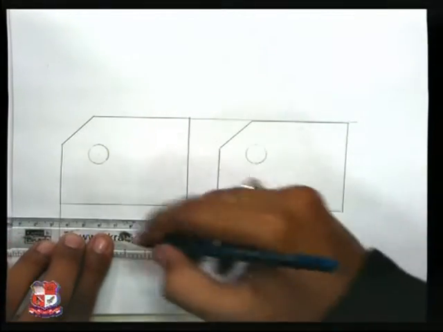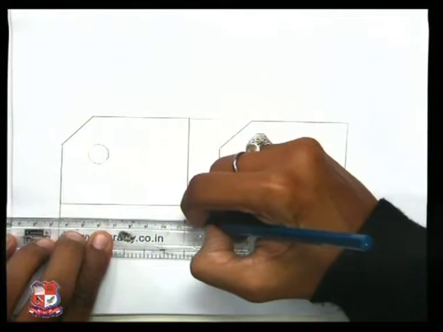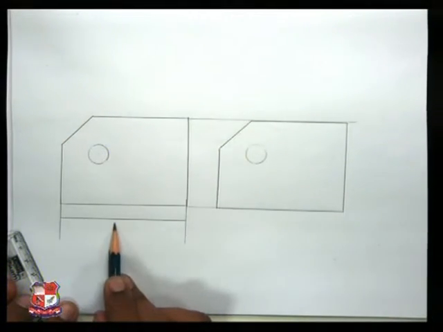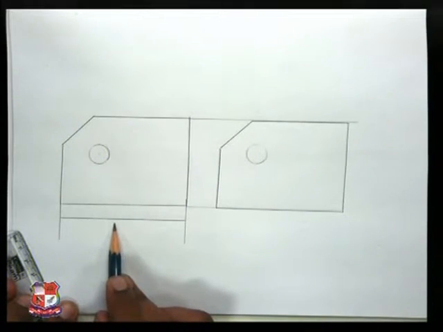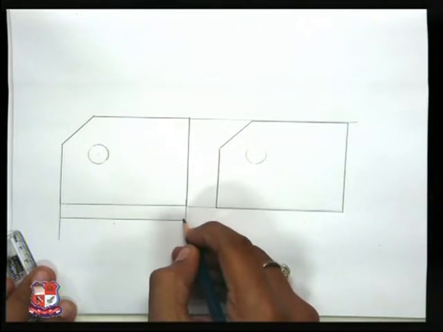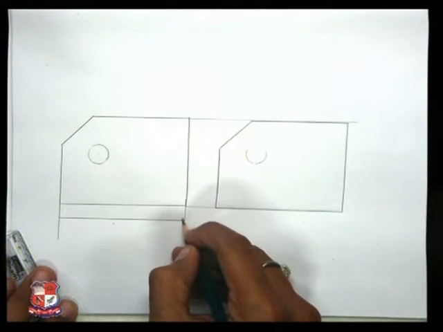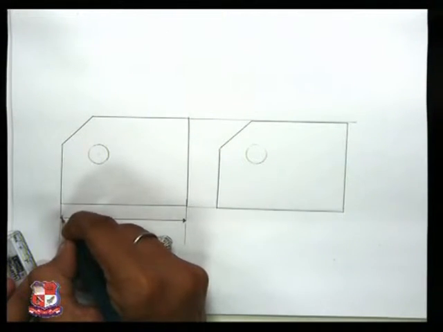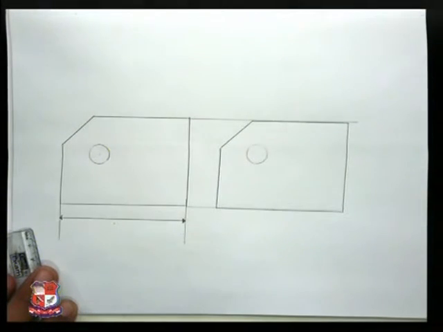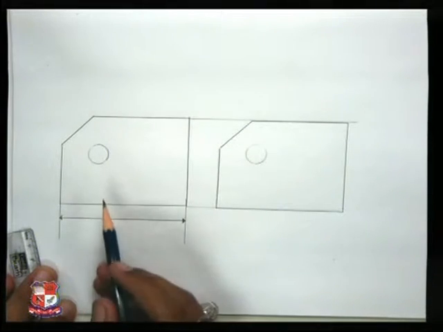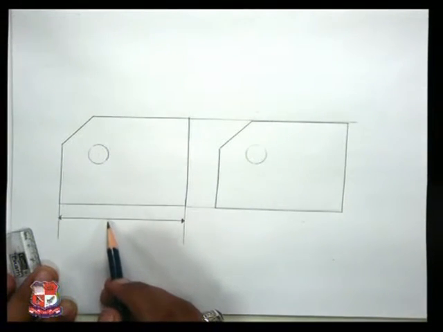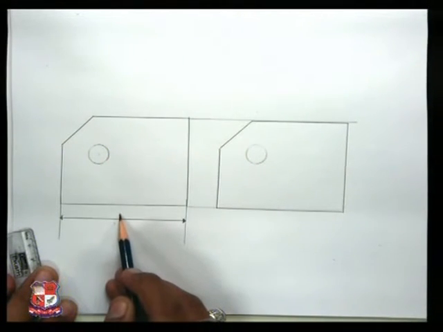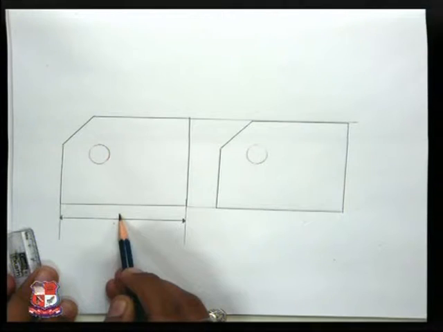Now we will put in a dimension line. The line which I am pointing to is called the dimension line. On both ends of the dimension line, filled arrows must be indicated. Now in the aligned method, the dimension should be written above the dimension line and in the middle of the dimension line.